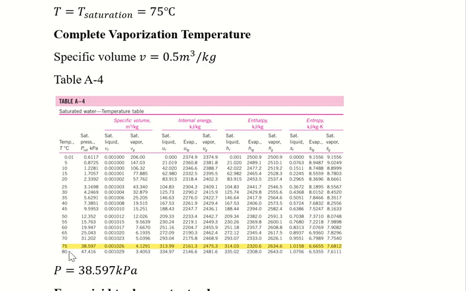I hope everyone by now understands how to find which table to use. At this point, we're using table A4 because they talked about a saturated liquid-vapor mixture and they gave us the temperature. So this is a temperature table for saturated water. We can use table A4, and that's why we have it right here. The pressure at that point is 38.597 kilopascals.